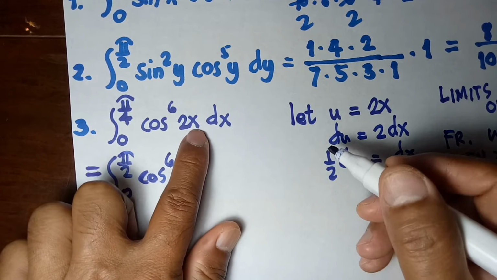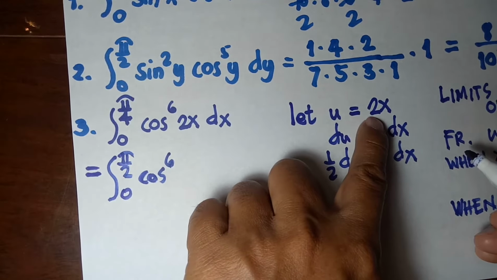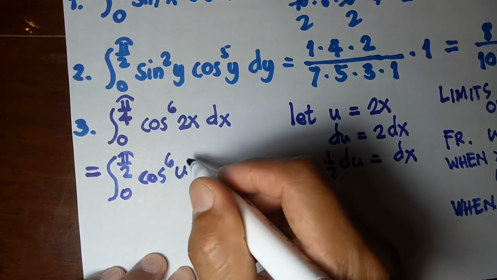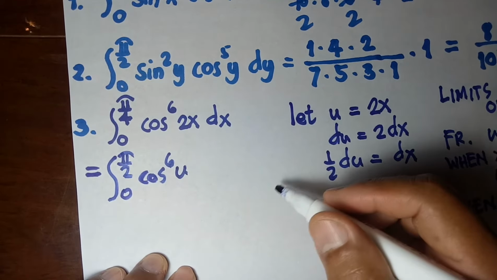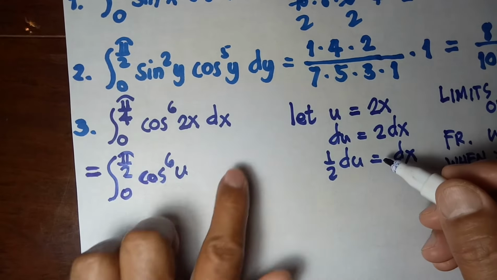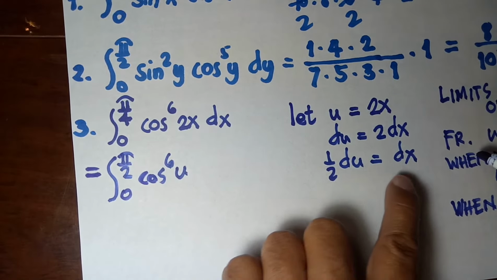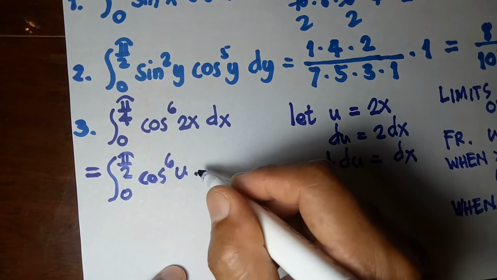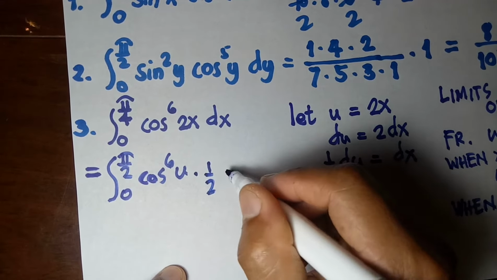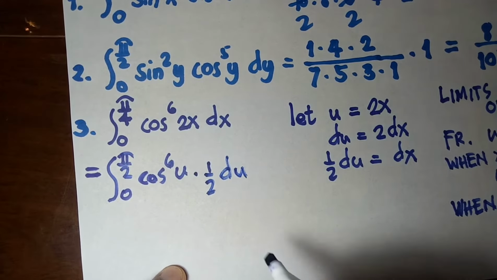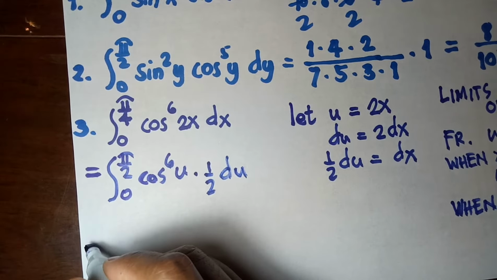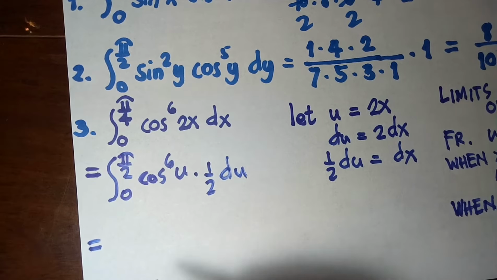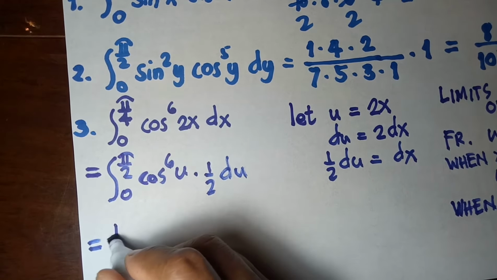Of 2x, but we let u equals 2x. So I will have cosine raised to 6 of u, and then times dx. And dx equals 1/2 du. So times 1/2 du. 1/2 is constant, so we may write it before the integral sign.